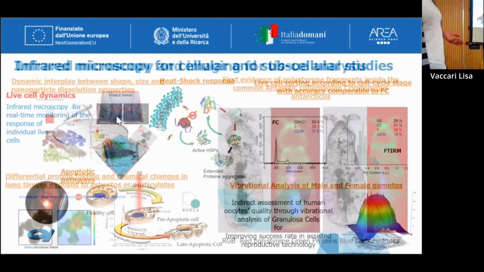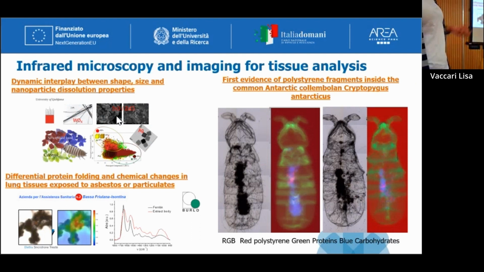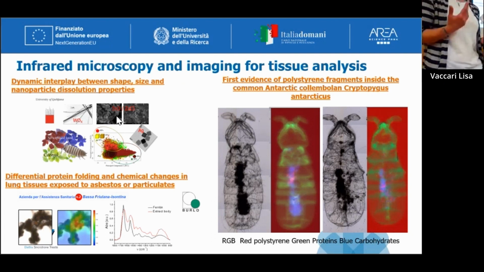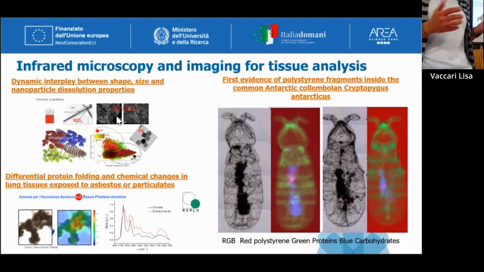So we do the same things with the tissues, okay? So you can work at cell level or you can work at tissue level. I would say that PRP CERIC is mostly for cytology more than histology, but still we had the opportunity, for example, during the coronavirus to measure some samples from the lung for patients that have died with the corona.